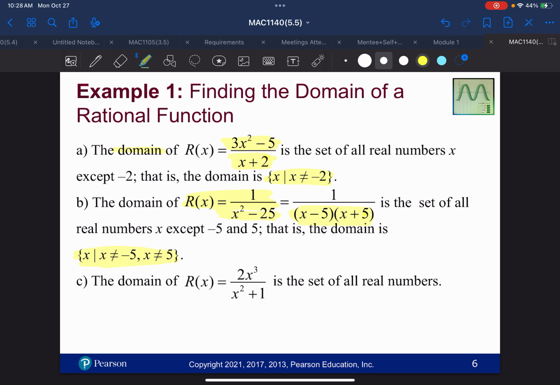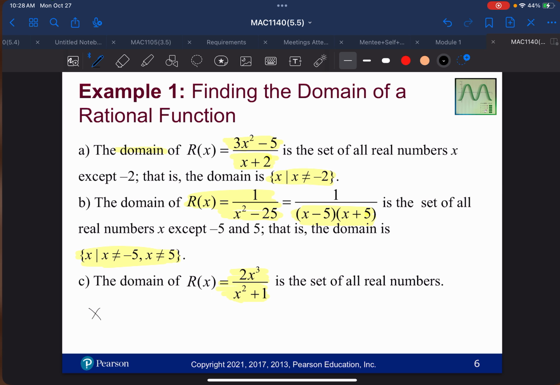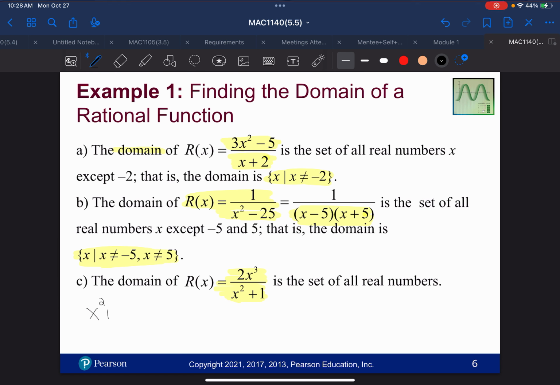Last one is the function 2x cubed over x squared plus 1. If I tried to set that denominator equal to 0 to solve, to see which values gives me 0 for that denominator, you'll find that you will get an imaginary number, because I subtract 1 from both sides and I'm left with x squared is equal to -1.